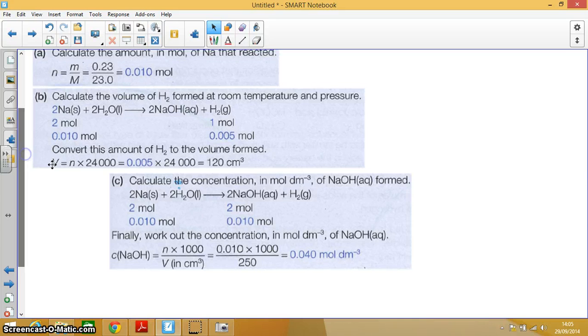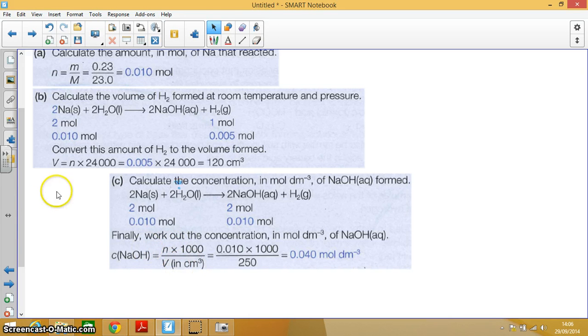So now we use our equation, concentration equals number of moles times 1000 divided by the volume in centimeters cubed. Remember, if we were talking about decimeters cubed, we would not use the 1000 here. We would just use concentration equals number of moles divided by the volume in decimeters cubed.